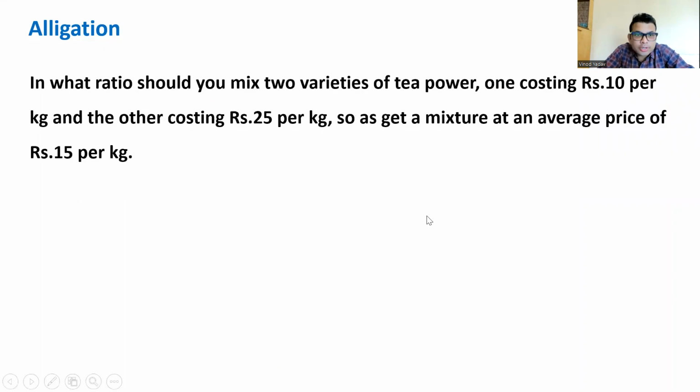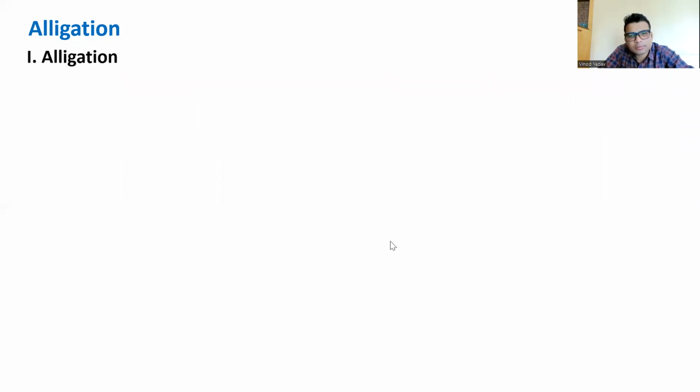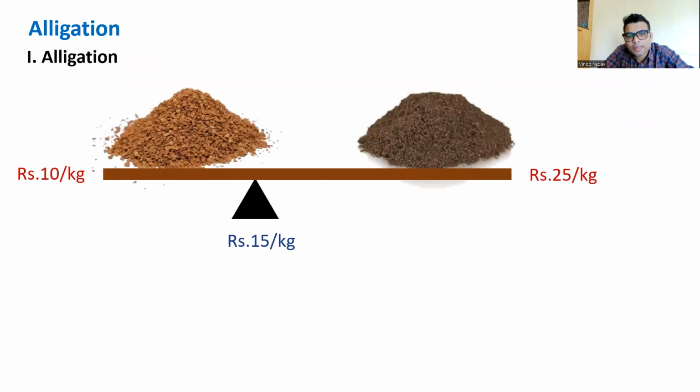So see the sample question again. In what ratio should you mix two varieties of tea powder, one costing 10 rupees per kg and other costing 25 rupees per kg, so as to get a mixture at an average price of 15 rupees per kg? Ratio is asked, first hint. Resultant average is given to us.